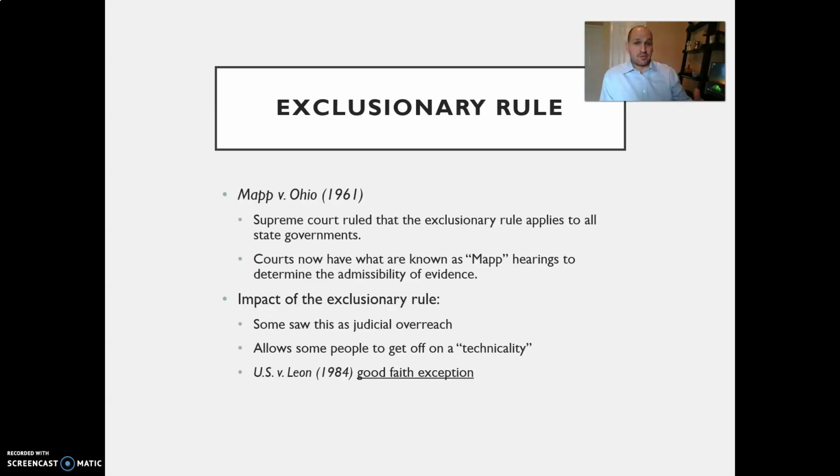Okay. So the Mapp v. Ohio case, which is a landmark case as it relates to criminal justice and policing for sure, establishes that the U.S. Supreme Court held that the exclusionary rule applies to all state governments. And since local governments, like cities, towns, villages, and counties, are under the domain and auspices of the state, the exclusionary rule applies to all police departments and all law enforcement agencies throughout the United States, because policing is primarily a local entity.